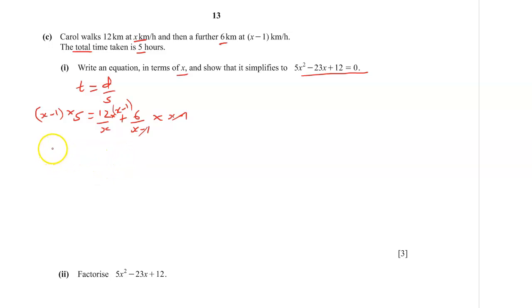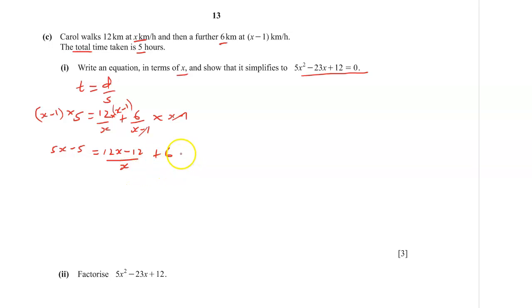So this will be 5x minus 5 is equal to 12x minus 12 over x plus 6.